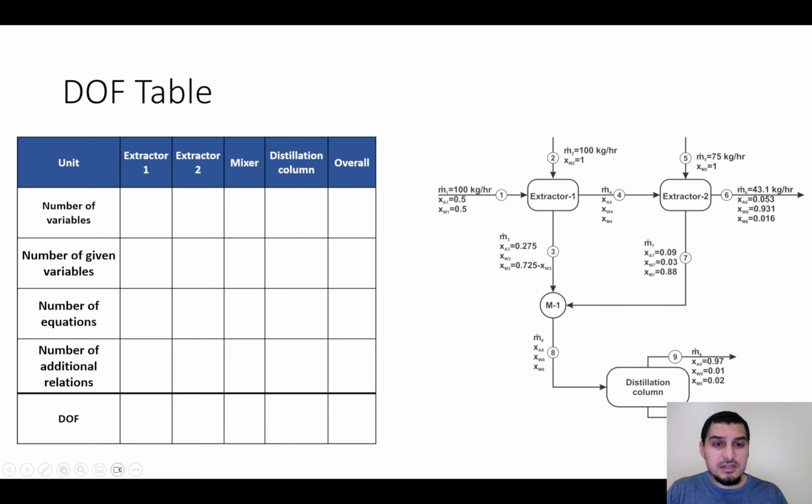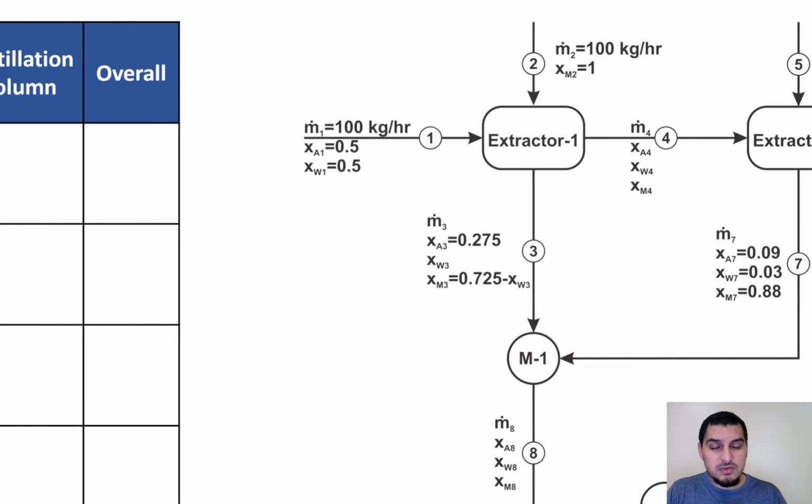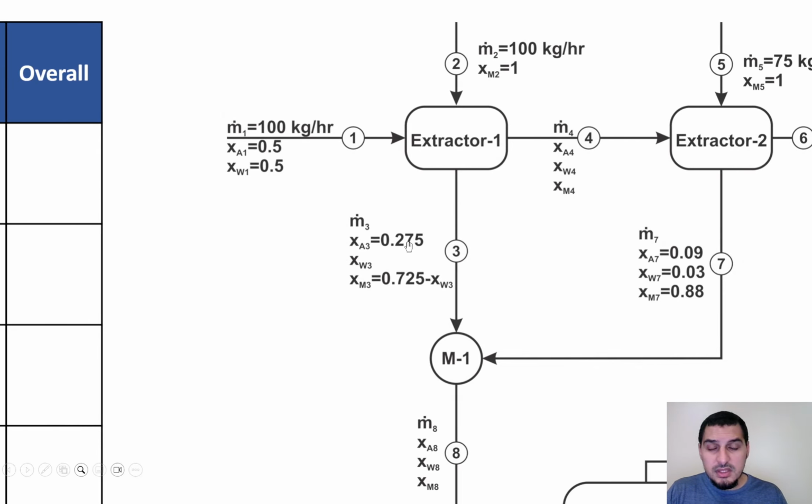And this is something that is kind of confusing here. If you take a closer look at stream 3, you would see that we have two pieces of information written. One is 0.275 and one is 0.725 minus xw. And this is just sigma x equals 1. It's 1 minus this minus this.